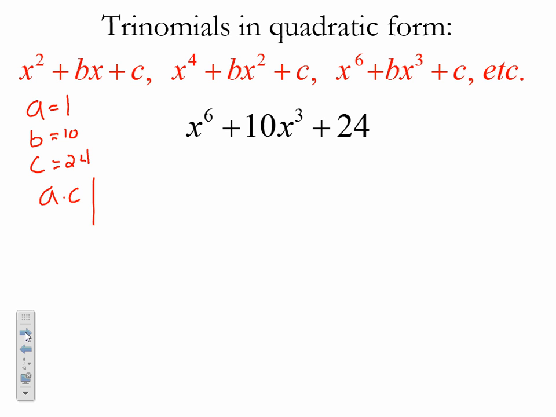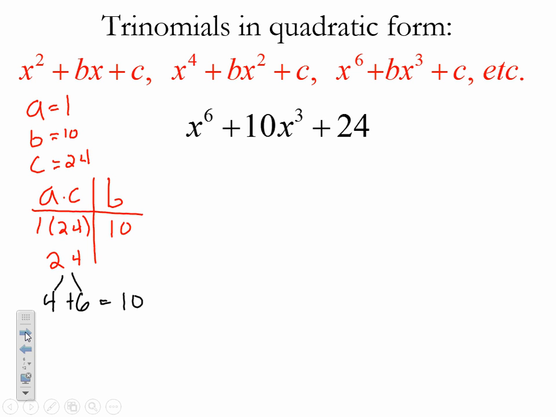A times c has to add up to b. So 1 times 24 is 24. The two factors of 24 that add up to 10 are 4 and 6, because 4 plus 6 equals 10, and 4 times 6 equals 24.